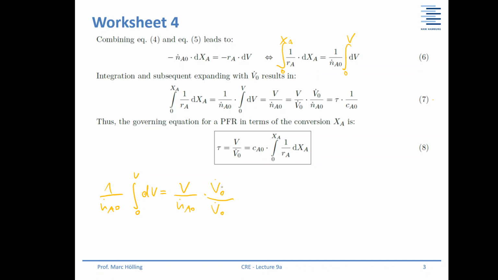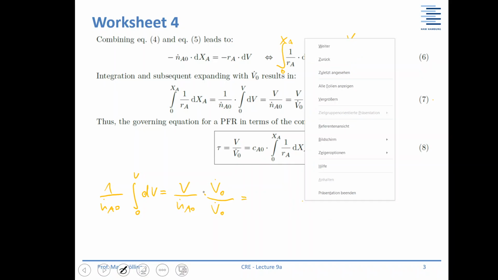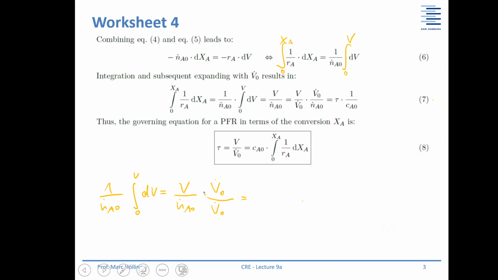So we have V over the volume flow 0, and this is just tau, our residence time. The other term is the volume flow divided by N A0, which is 1 over our concentration at the inlet. And this is what I just wrote here for you.